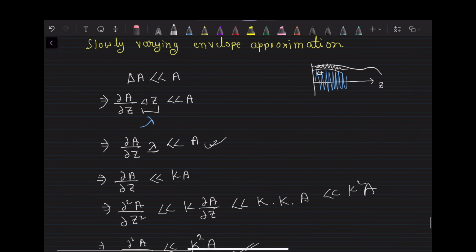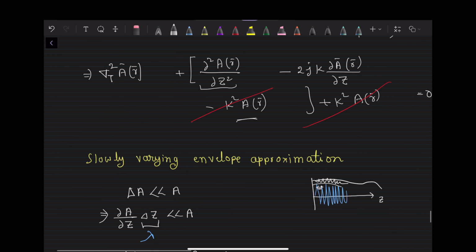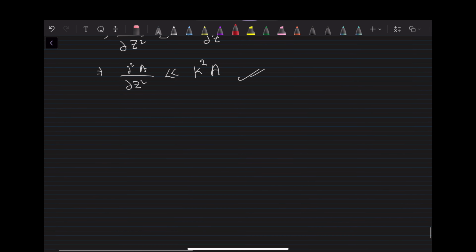So why is it important? See, we have this k square A term, and then we have this second derivative as well, right? So according to this approximation, we can just cancel out this term because it will be very small. Then what we get here is very simple.